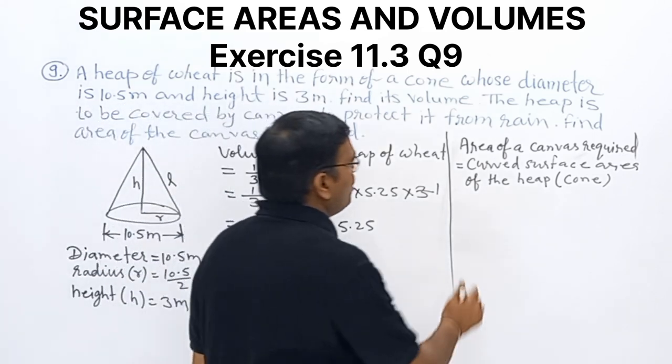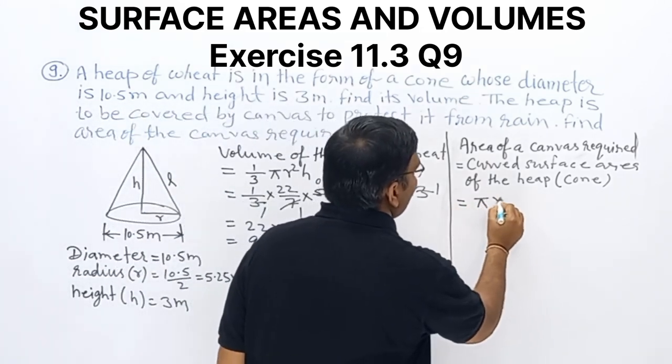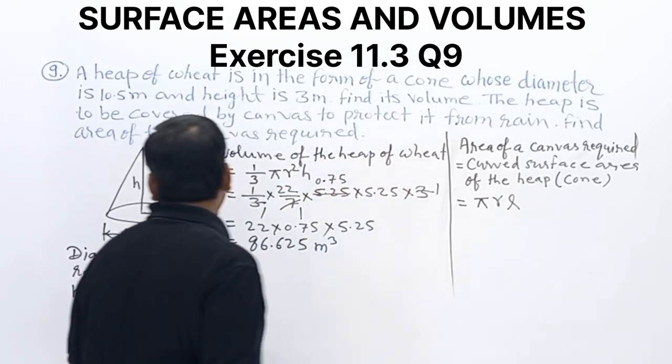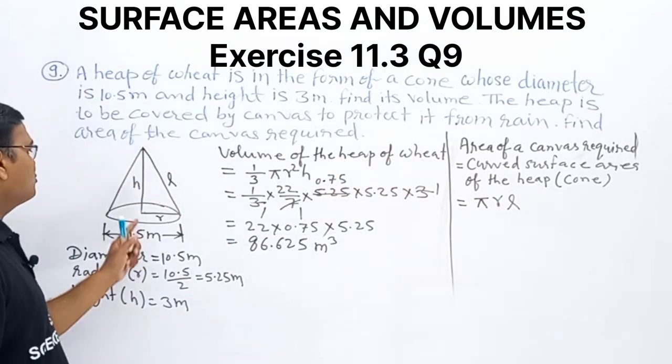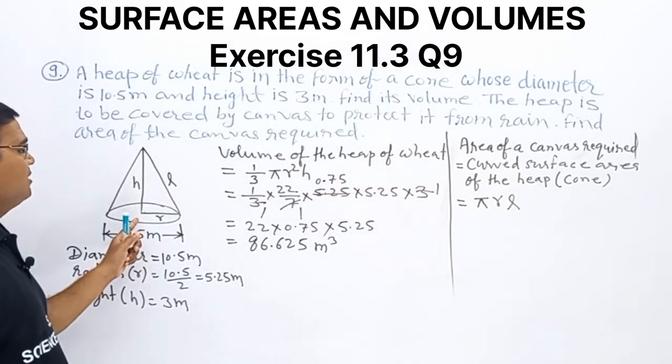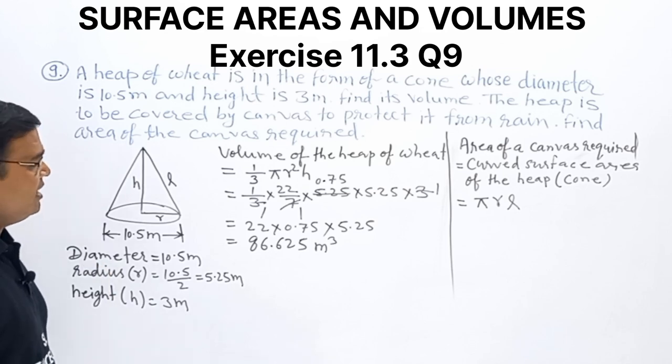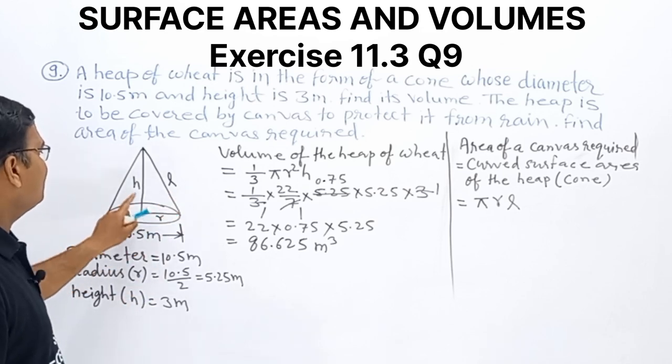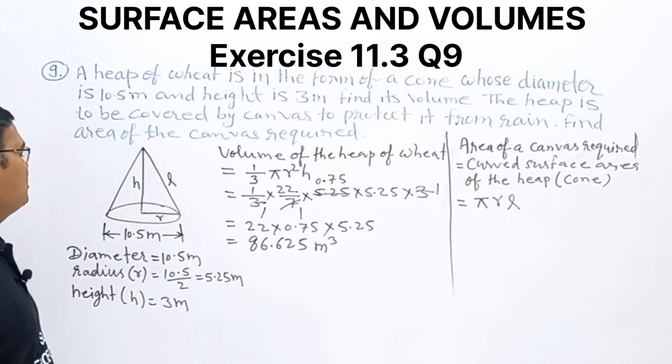So the curved surface area of a cone is pi r l. R is the radius of the cone, and it is given in the question, but l is the slant height. We are having r and h in the question, but we are not having l.